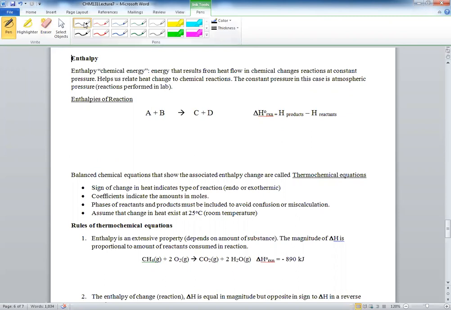So finally, we get to talk about heat in the context of chemical reactions. Enthalpy is defined as chemical energy that results from the heat flow in chemical changes, reactions at constant pressure. And of course, it helps us relate heat change to the chemical reactions, as I said. So if we pay attention here, if you remember, these are reactants.